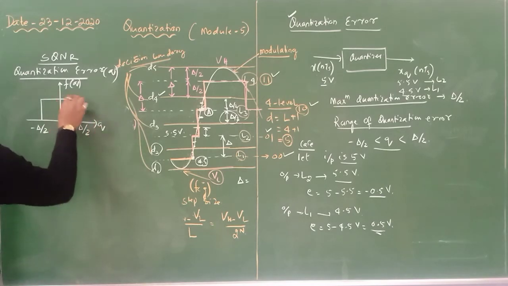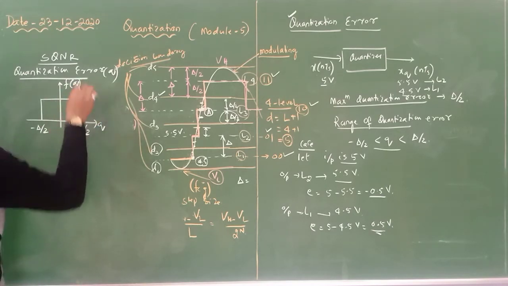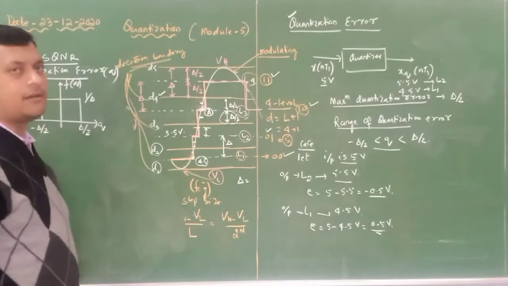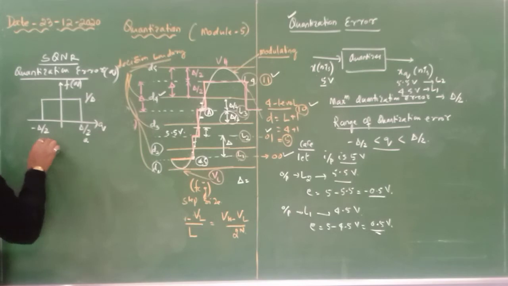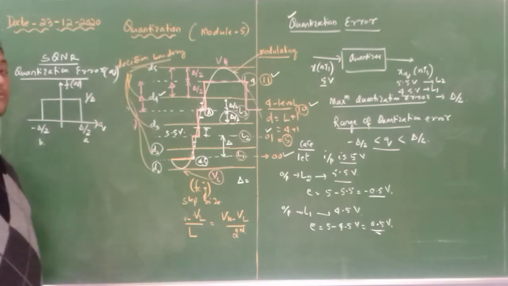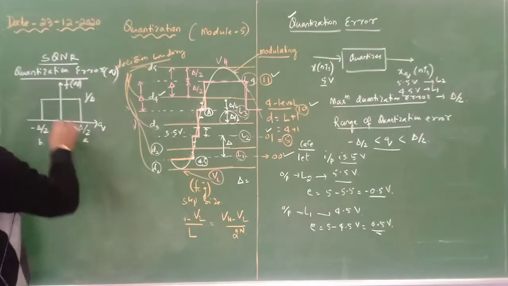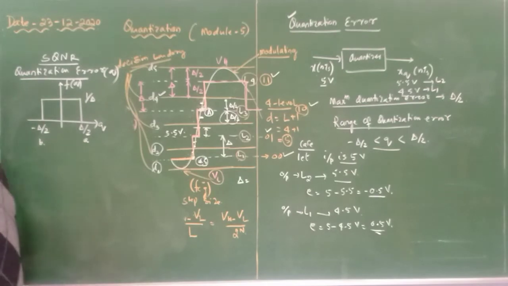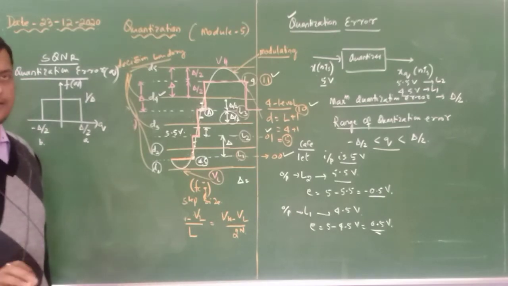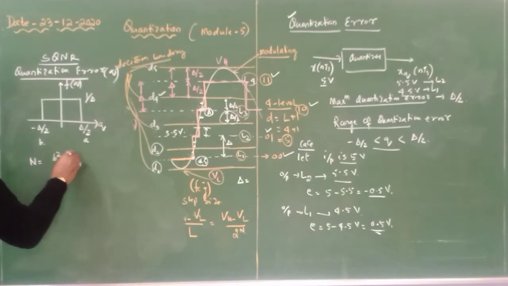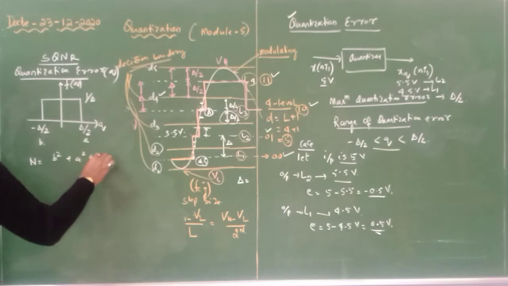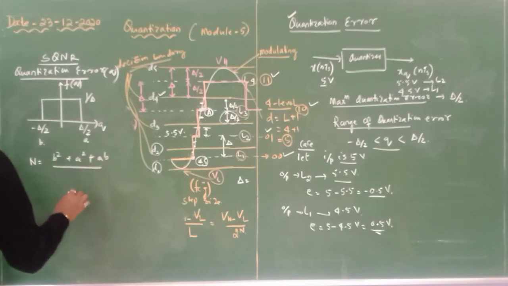And what is the strength of it? 1 by del. This is the strength of this particular function. If you consider this is A, this is B, the total noise power available in this particular region you have to calculate. So there is a small calculation. The noise power N is equal to B square plus A square plus AB divided by 3.